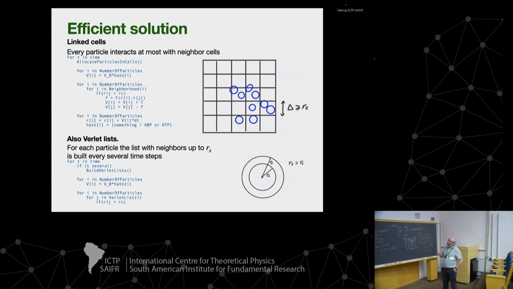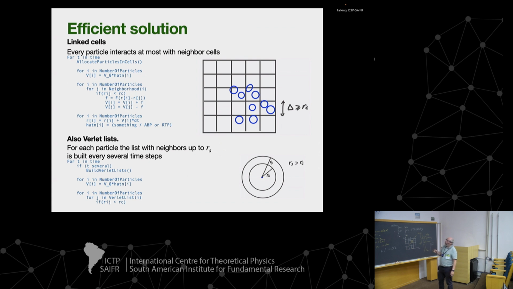So for the linked cell, you take the system. Here I'm plotting a 2D system. You divide the system into cells, not of any size. The cells should be slightly larger than the cutoff. The tighter, the better. So it should be larger, but not too much larger than the cutoff.